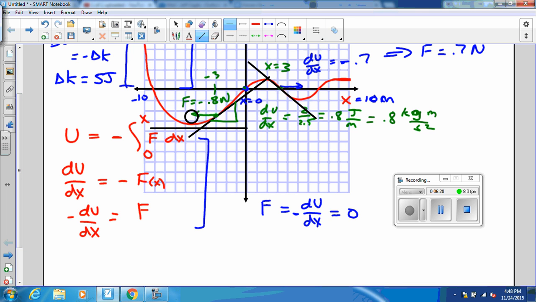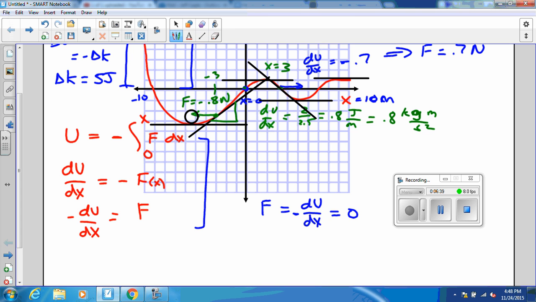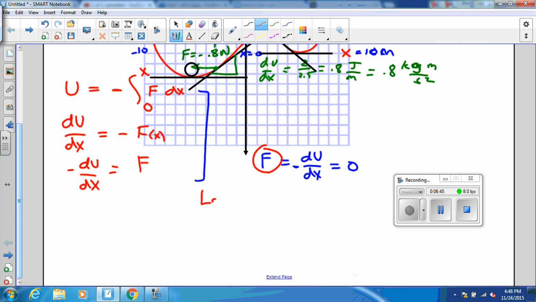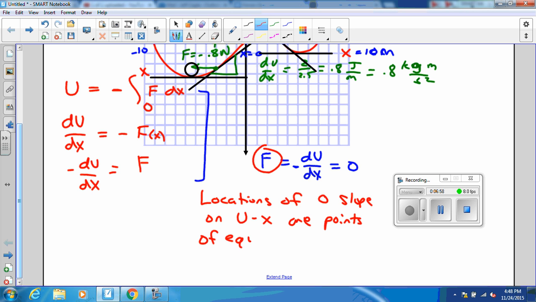The points on the graph where our slope is equal to 0 are places where we say that the object is in equilibrium. Why? Because the force on that object is equal to 0. So the locations of 0 slope on the U(x) graph are points of equilibrium.